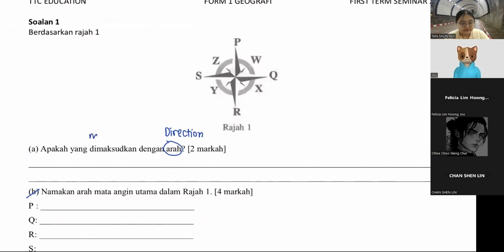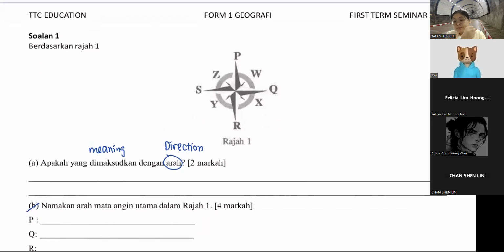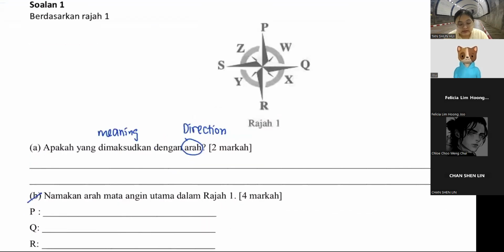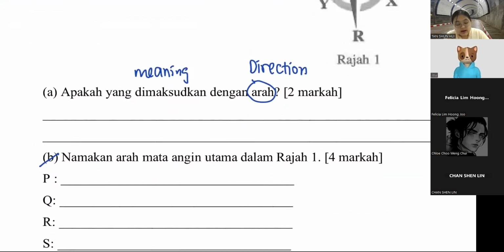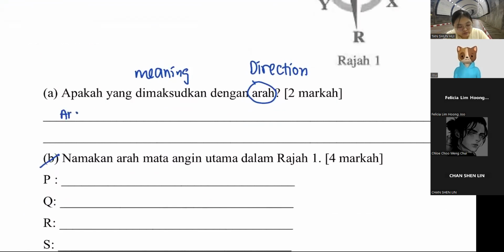What is the meaning of direction, or what is direction? Direction means from one place, pointing to another place. So normally you will see arah is a hala tuju. Arah ialah hala tuju. Hala tuju is basically direction.